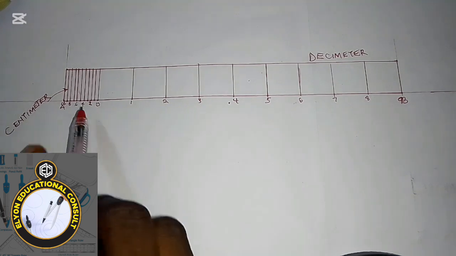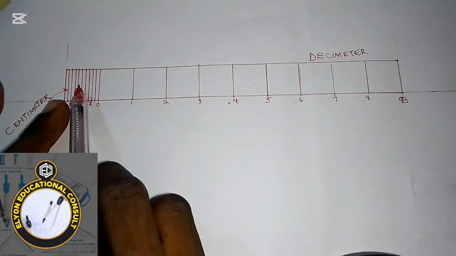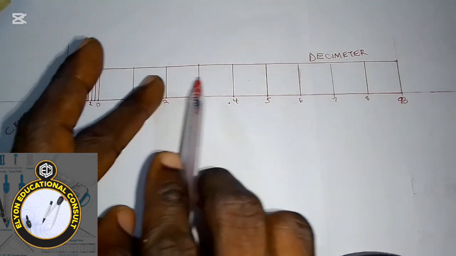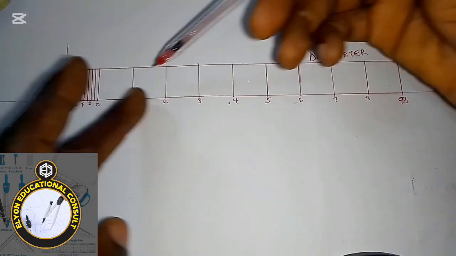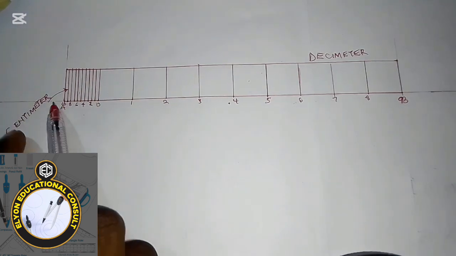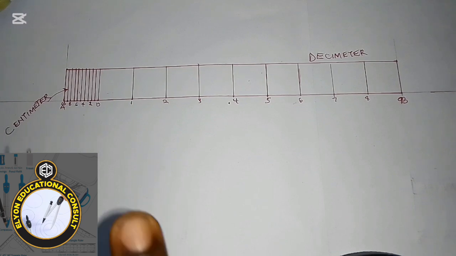Now this 10 decimeter, don't forget that each place is 1 decimeter and everything equals 1 meter. So this 10 decimeter is what gives us our 100 centimeter. The next thing we are going to do, now that the scale is constructed, is take the reading. Very important aspect of the question.